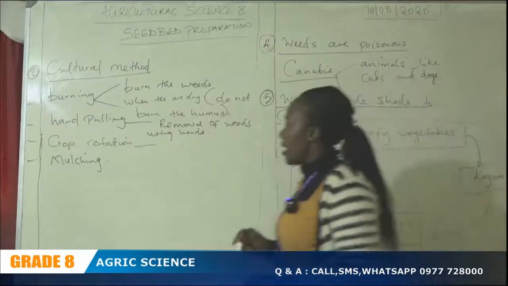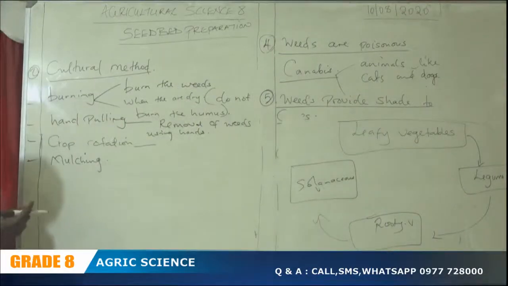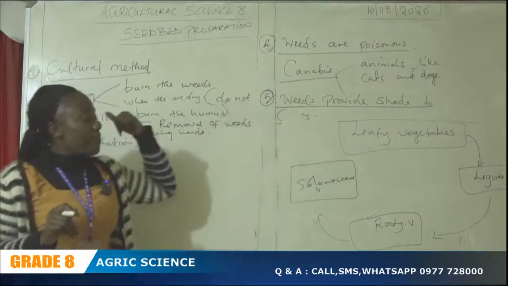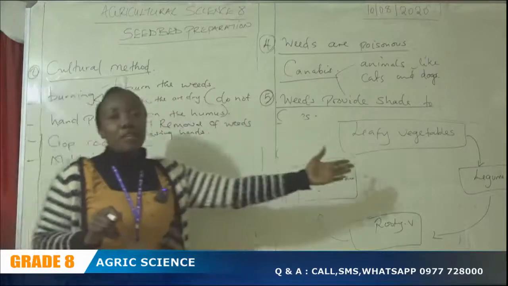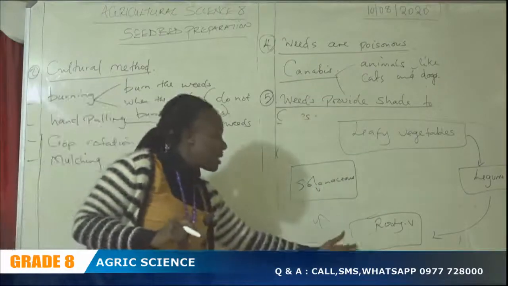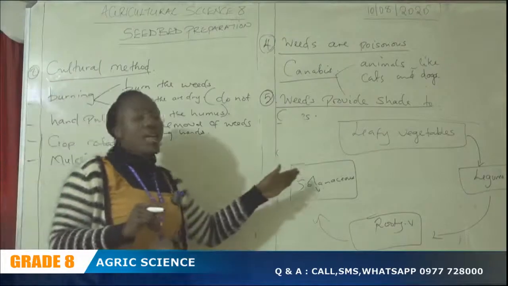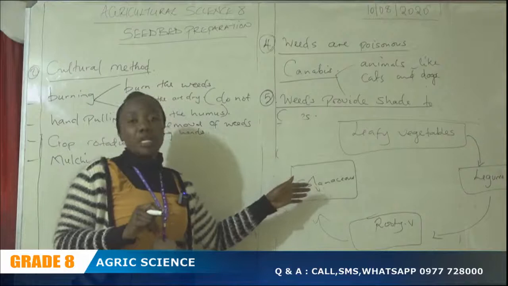So crop rotation is the growing of different crops in a systematic way on the same piece of land. Like what I've done, you grow leafy vegetables, which is rape. After you harvest, you put legumes there. After you harvest legumes, you put rooty vegetables, an example carrot. After you harvest the carrots, you put solanaceous vegetables, and examples of these were tomatoes.